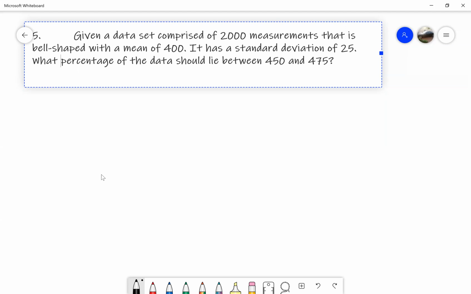Okay, are you guys done with number 5? Do you know how to begin? The first thing to do is what? Make the bell shape graph.